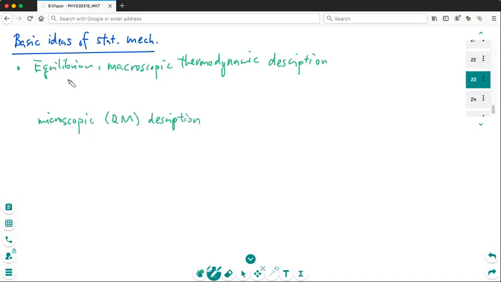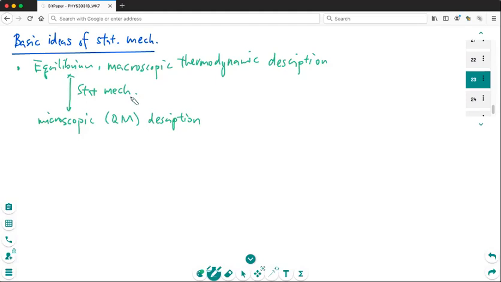Okay, so I would say we use statistical mechanics to bridge these two extremes. What I'm saying is I'm not going to repeat quantum mechanics. I'm going to do a little bit. My main interest is not to talk about the properties of the Schrodinger equation.